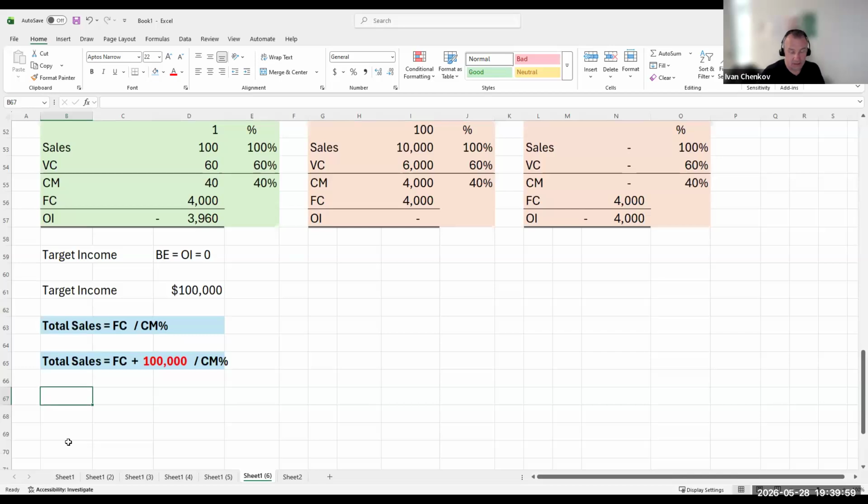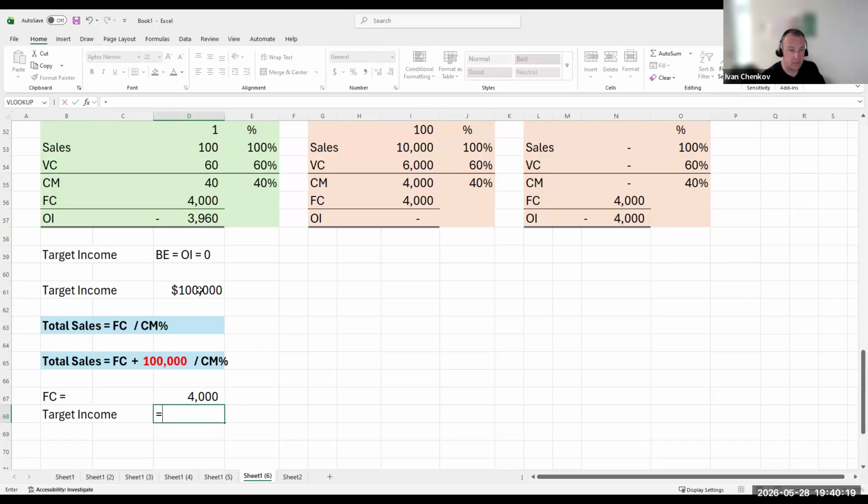So again, let's see what we know. We know the fixed cost is equal to $4,000. The target income that I want to achieve is $100,000. And my contribution margin ratio is equal to 40%. That's what I know.